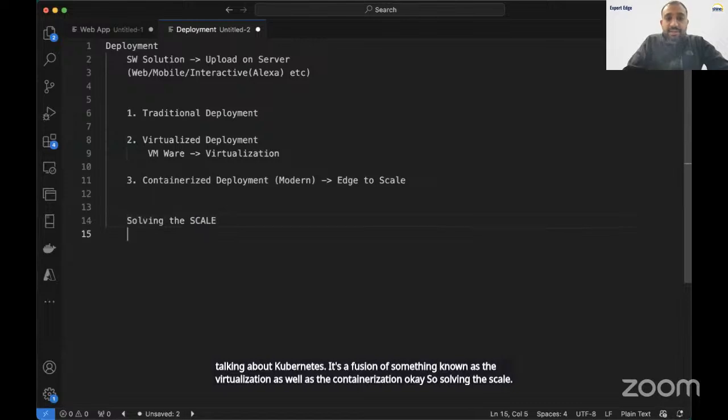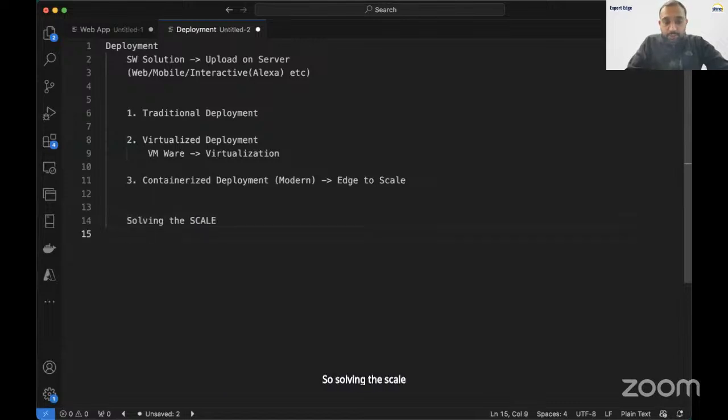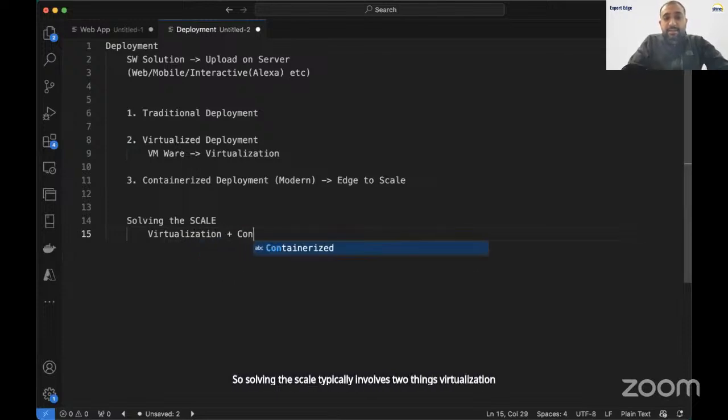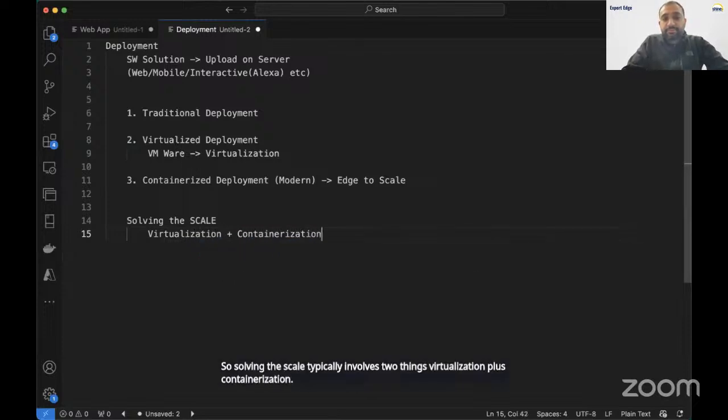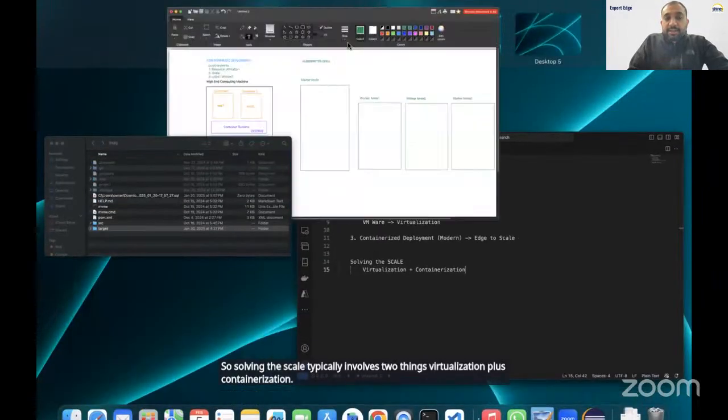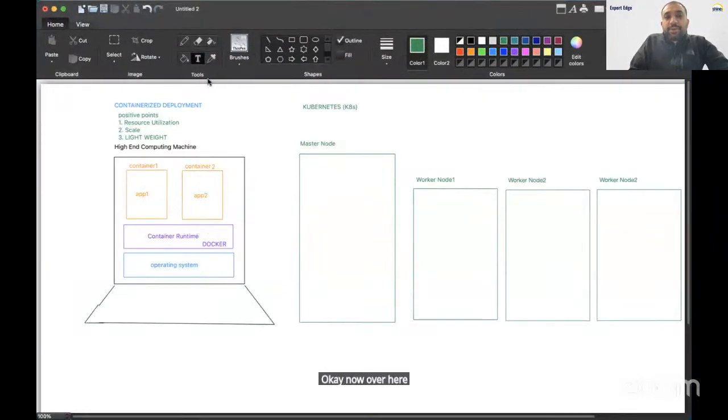Solving the scale typically involves two things: virtualization plus containerization, okay? Now, over here, we have these 4 virtual machines. This is our virtual machine 1, this is our virtual machine 2, then I got my virtual machine 3 and virtual machine 4.